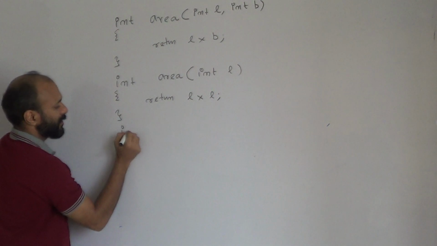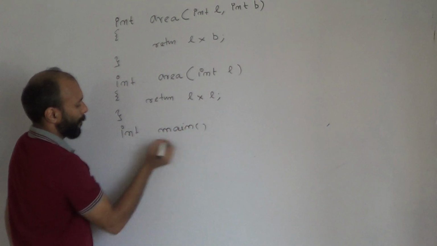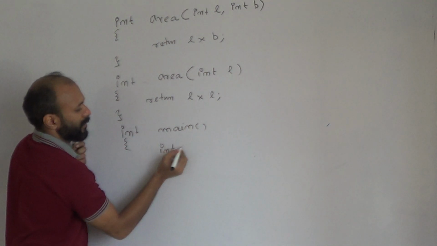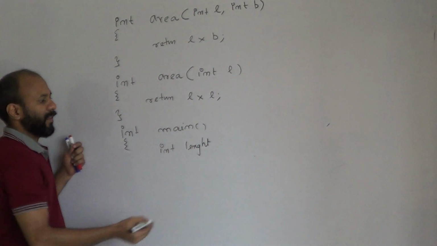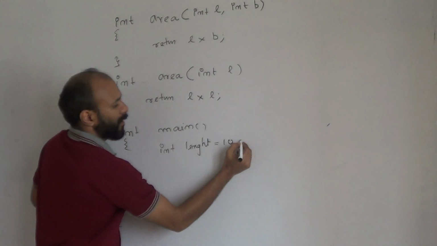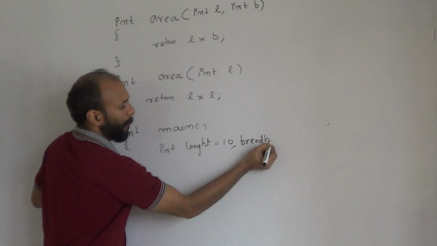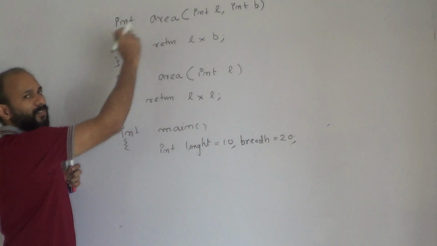Then I am writing int main. Assume I have int length equal to 10, breadth equal to 20. Now I am calling this function.